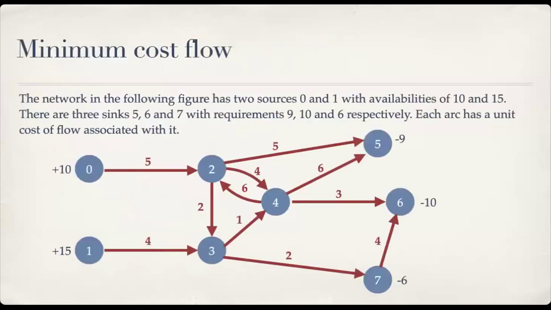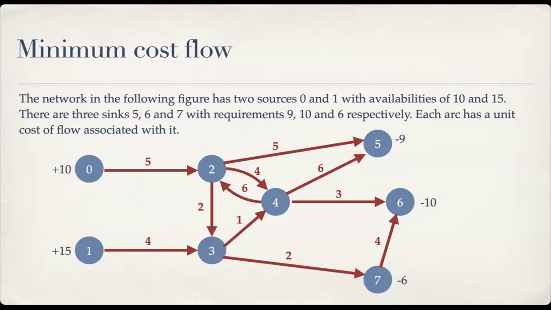The next one is minimum cost flow. For minimum cost flow, it's similar to the transshipment problem. We have this network, and at node 0 and node 1, we have incoming flux: 10 units through node 0 and 15 units through node 1.